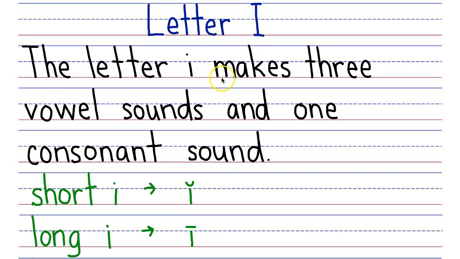The letter I makes 3 vowel sounds and 1 consonant sound. It makes the short I, which looks like this in a dictionary. It makes a long I, which looks like this in a dictionary.